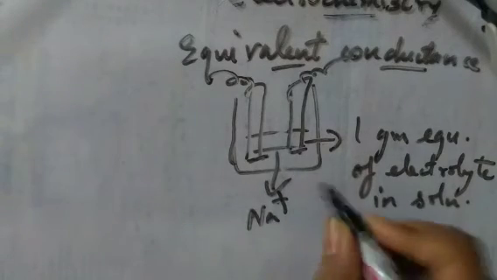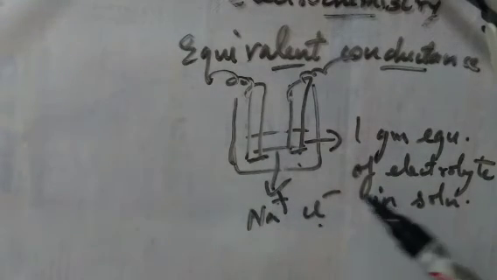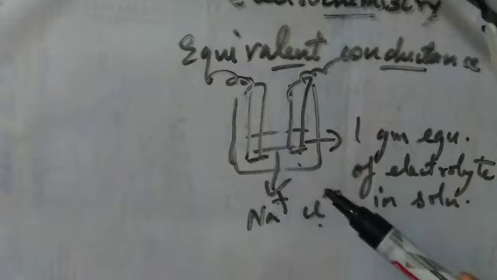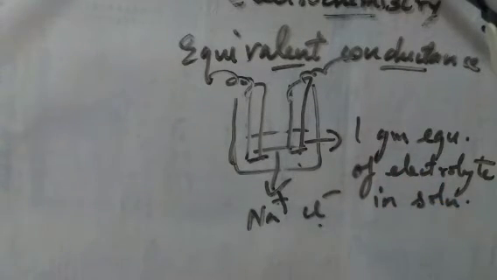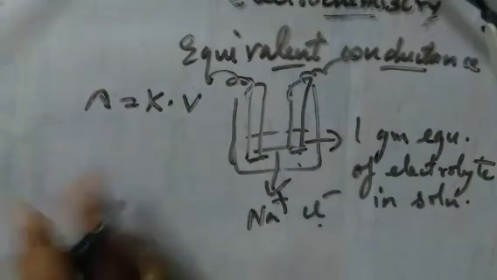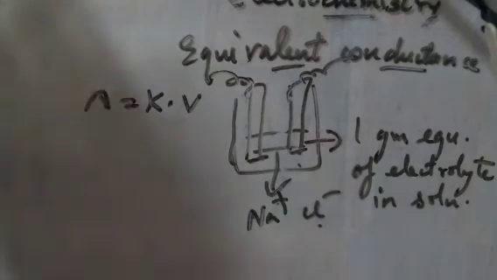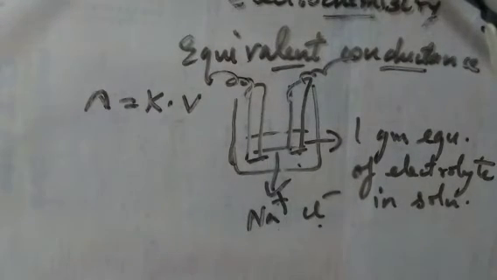If we take NaCl, when dissolved in water, Na plus and Cl minus ions are dissociated, and the conducting power of these ions is called equivalent conductance. Equivalent conductance is denoted by the letter lambda, and that is equal to kappa into V. Kappa is the specific conductance and V is the volume of the solution containing 1 gram equivalent of the electrolyte.